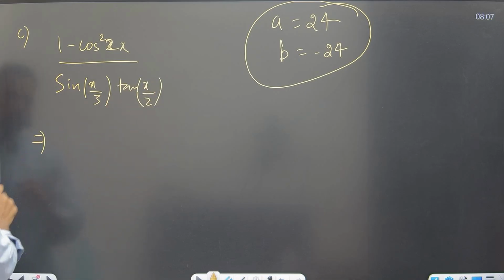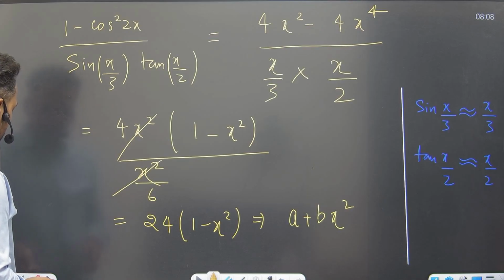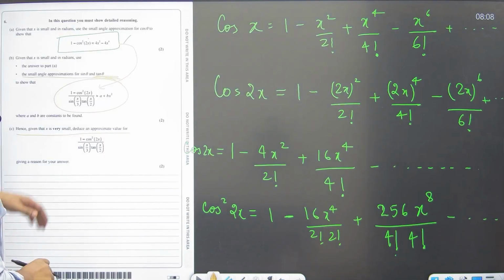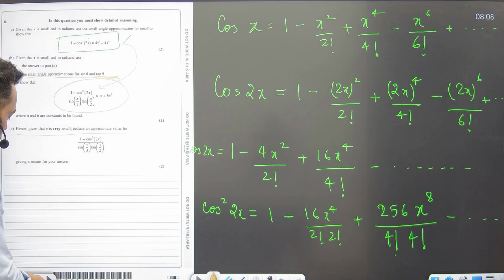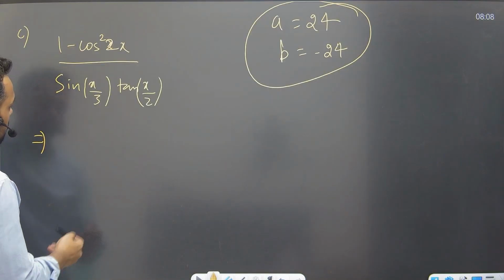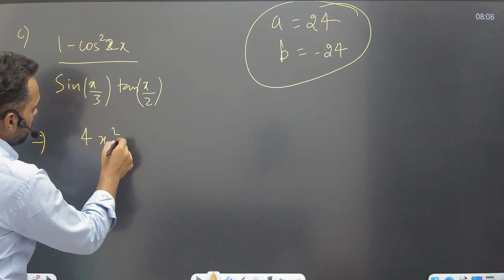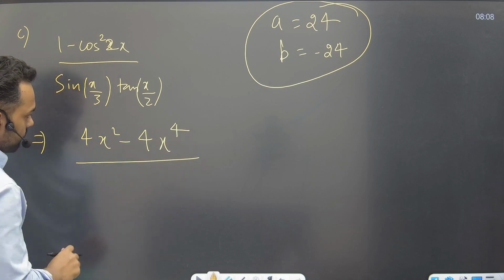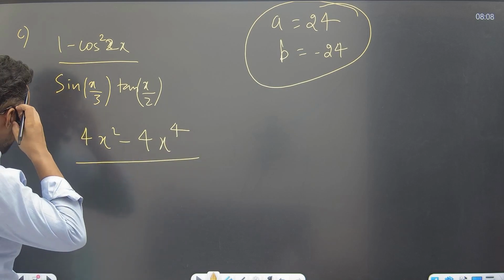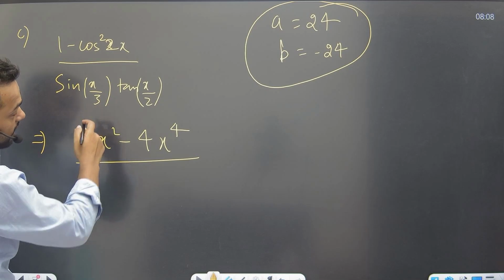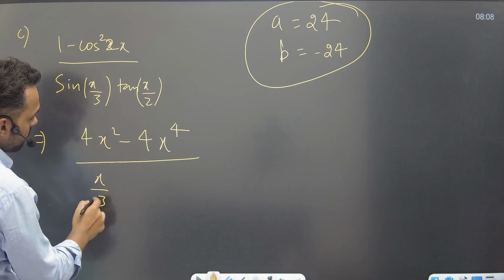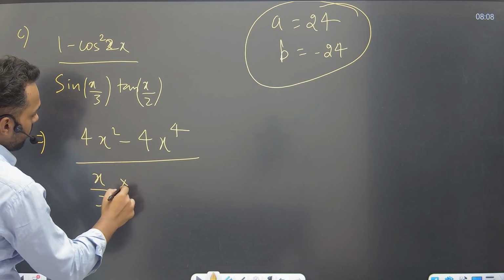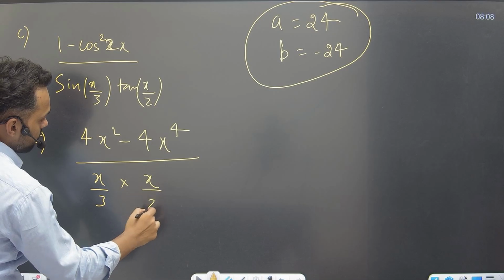So 1 minus cos square 2x is 4x square minus 4x power 4, upon, as we need to deduce it in terms of the approximation, sin x by 3 will be x by 3 into x by 2 will be x by 2.